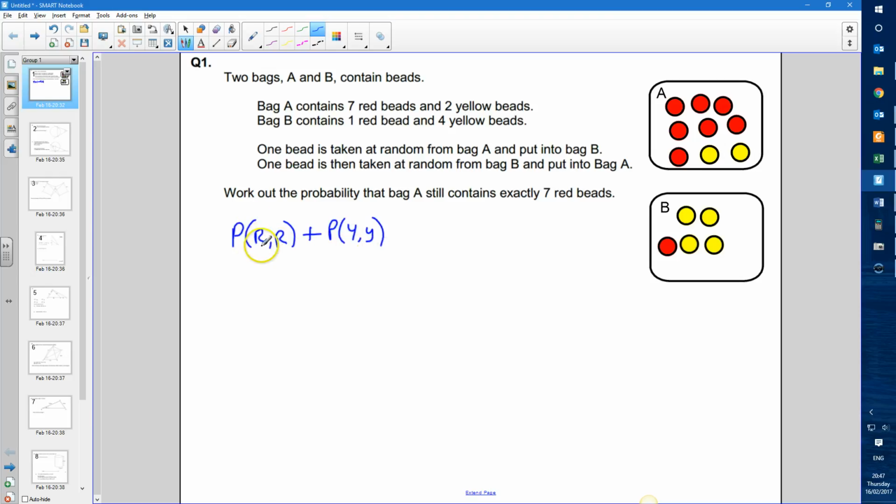These are the only two scenarios that would mean that I still had exactly 7 red beads in bag A. A red needs to move out and back in, or a yellow needs to move out and a yellow back in.